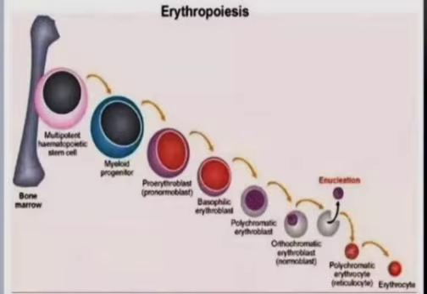Alright? The cells are smaller than that of autochromatic erythroblast, and they have a diameter of 8 microns. This is 10, this is 8.